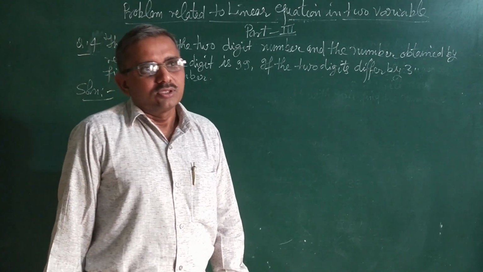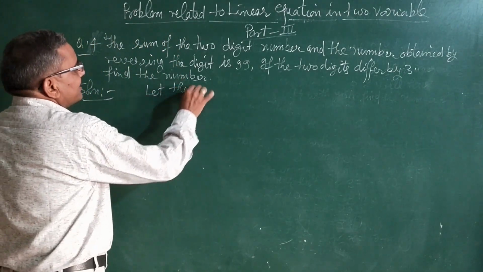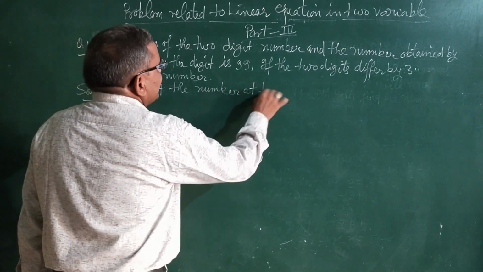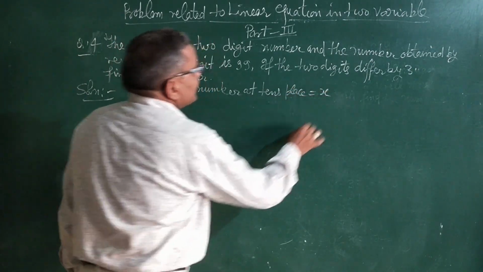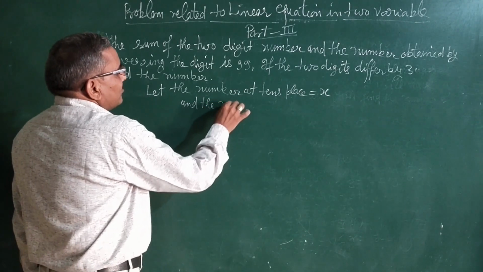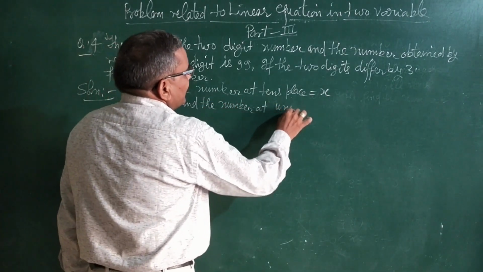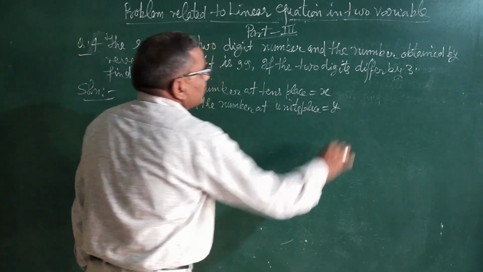Let the number at tens place be equal to x and the number at units place be equal to y.